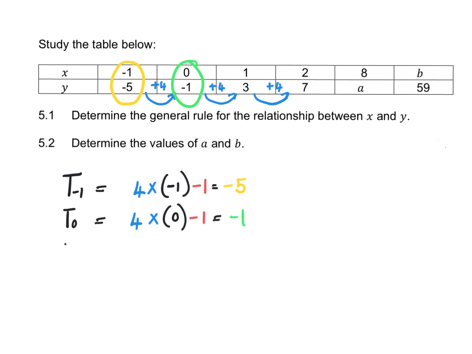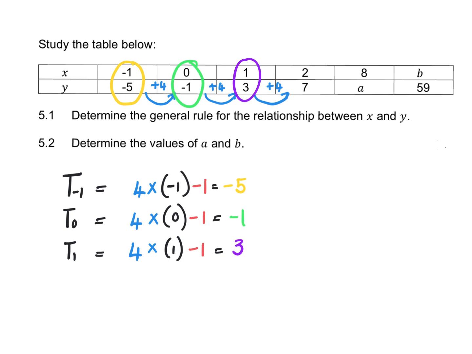Let's see what works for the next one. Here I have term 1. I know I need to multiply by 4 every time, and now it's 4 times 1. And my answer in this case, let's use a different color here, is 3. So how do I get from 4 to 3?